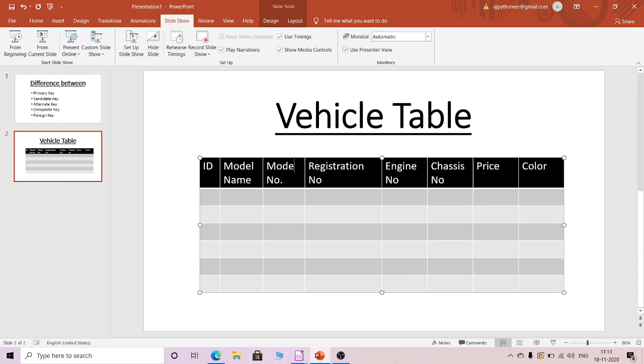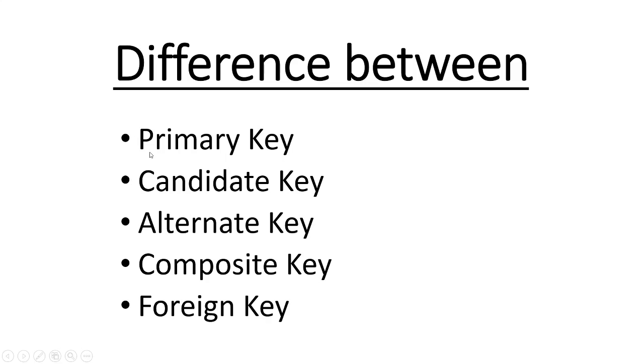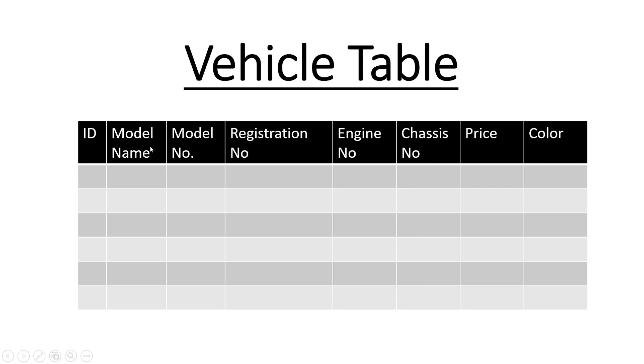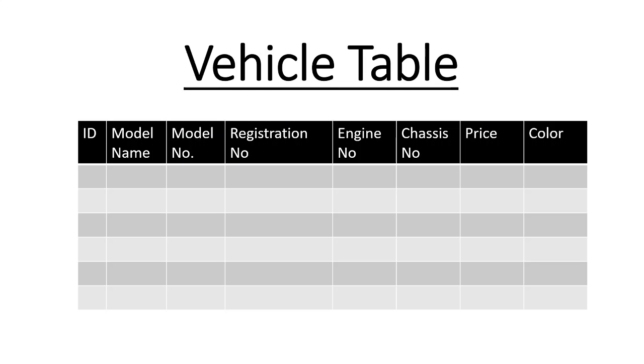So that's the model, and then we have the model number, the model name, and every vehicle has a registration number, right? Every vehicle will have a registration number which will be unique for every vehicle. It is not possible that two vehicles will have the same registration number.